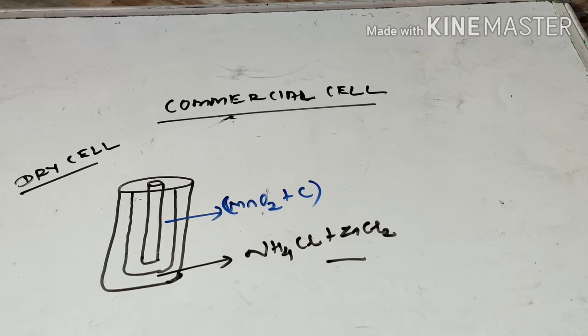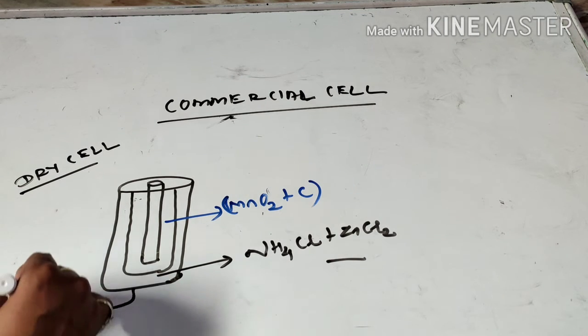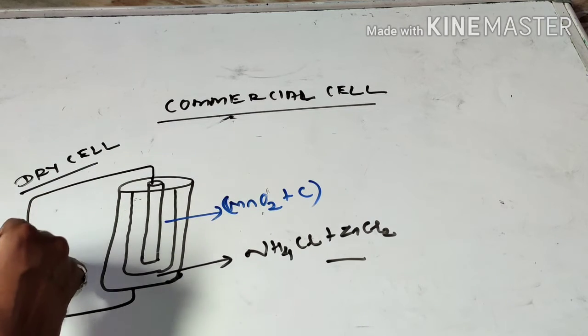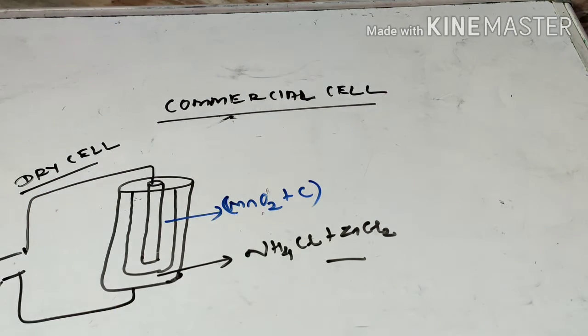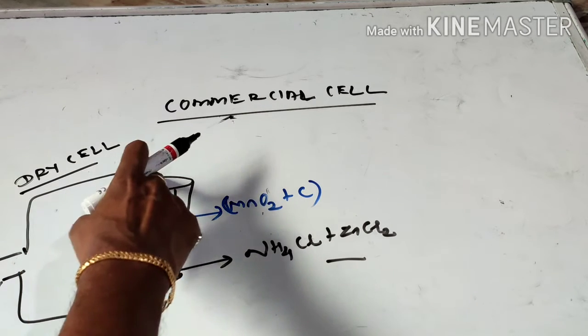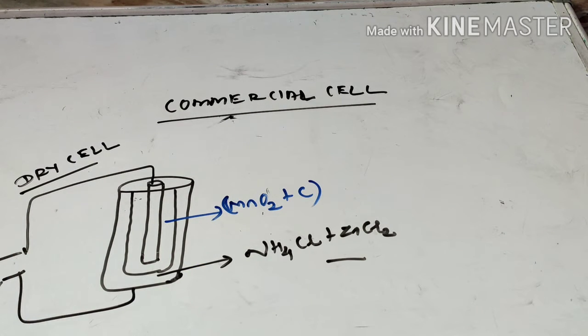Now this zinc cylinder is covered with an insulating substance, and the zinc cylinder is connected with the carbon rod through the help of a bulb, then we can produce electricity, and from this electricity we can generate light energy. So here the chemical energy is converted to electrical energy.